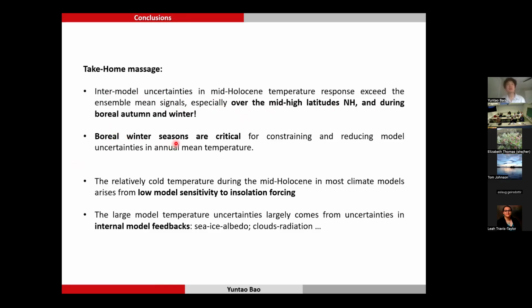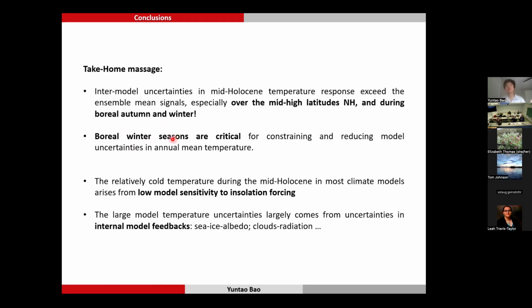The second conclusion is that the boreal winter season is crucial for constraining or reducing the model uncertainties in annual mean temperature. So I think this is another new conclusion: even if we want to improve the model simulations in the future, we have to focus more on boreal winter and also autumn seasons.